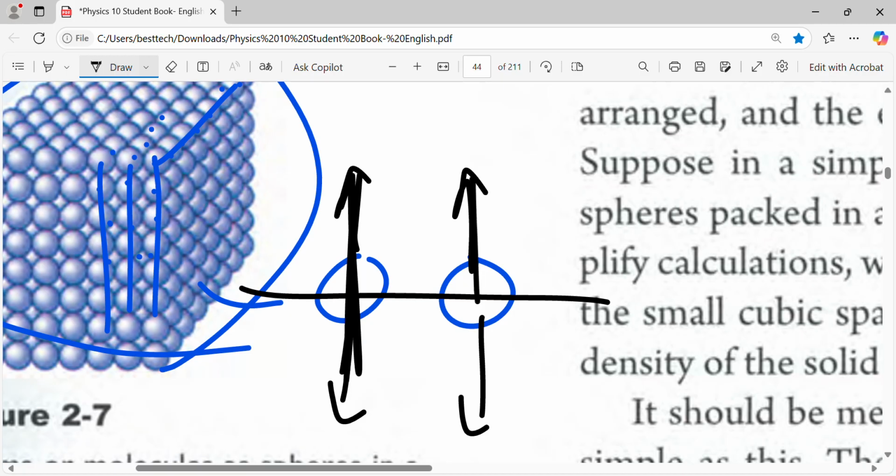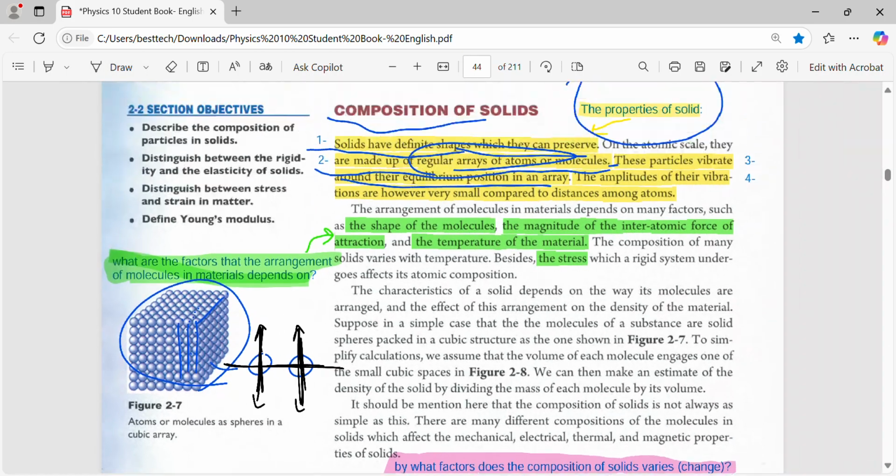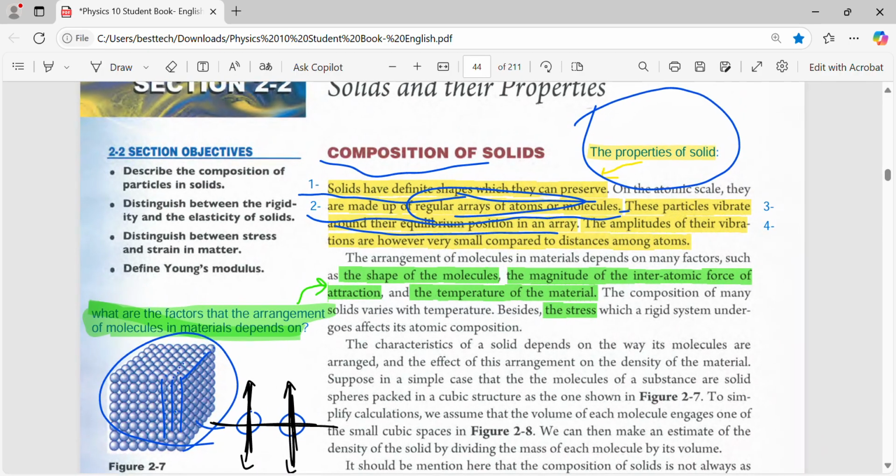So the molecules are vibrating around this fixed position. Around their equilibrium position, these atoms vibrate, up and down, but with a small vibration, not quickly. You know why? Because I'm talking about the normal situation without giving them any energy. In the normal situation, the atoms or molecules just vibrate around the equilibrium position normally, not quickly.